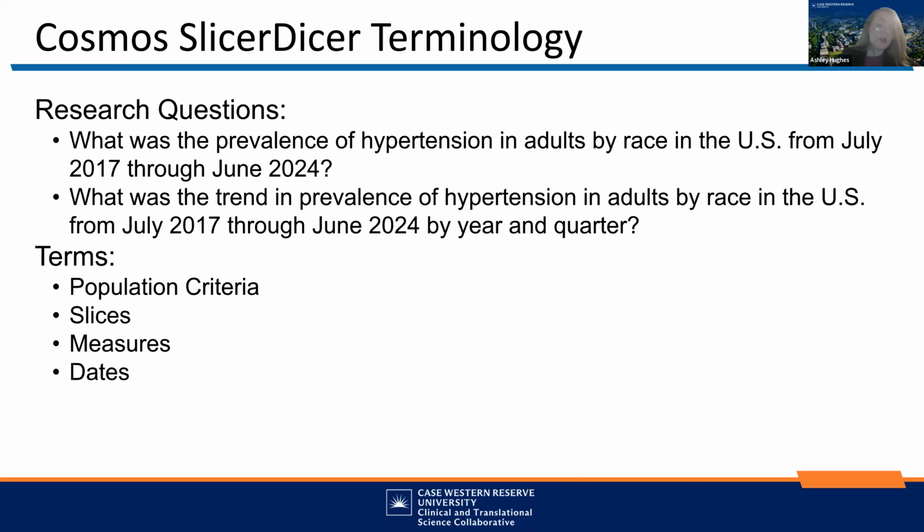Your measures, so Cosmos is going to default to a frequency count of just whatever criteria you've input, right? So the default is just a straightforward N. However, there are a number of measures that you can choose from, depending on what's going to help you answer your research question. Some of these include means, odds ratios, percentages, and we'll take a closer look at that in a minute when Craig does the walkthrough.